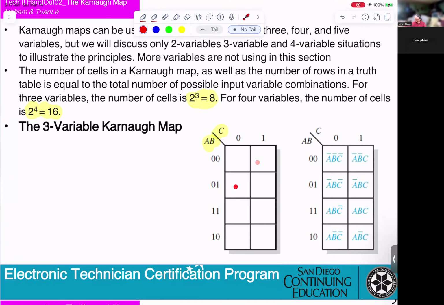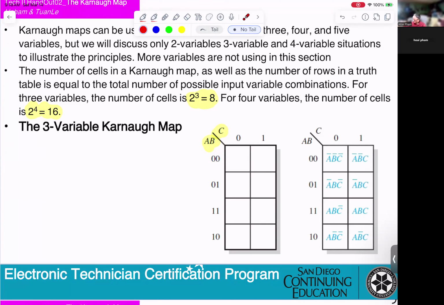1, 2, 3, 4, 5, 6, 7, 8. Okay, it's 8 cells. Now, if you are on this cell, what is the product of ABC? So A 0, B 0, C 0.